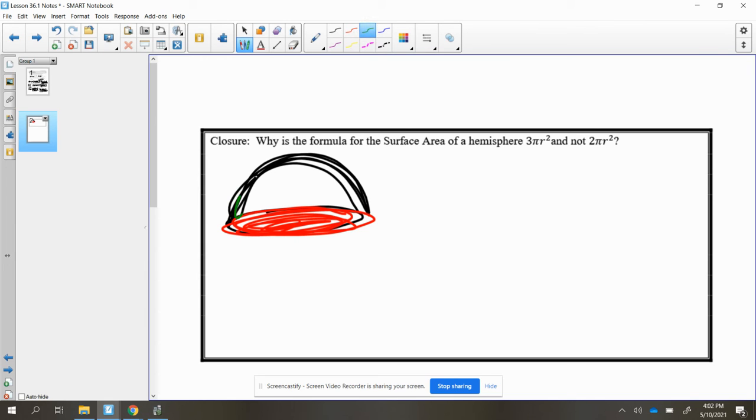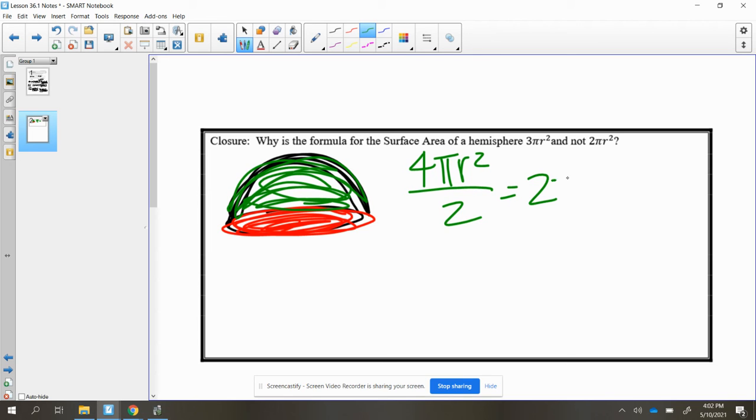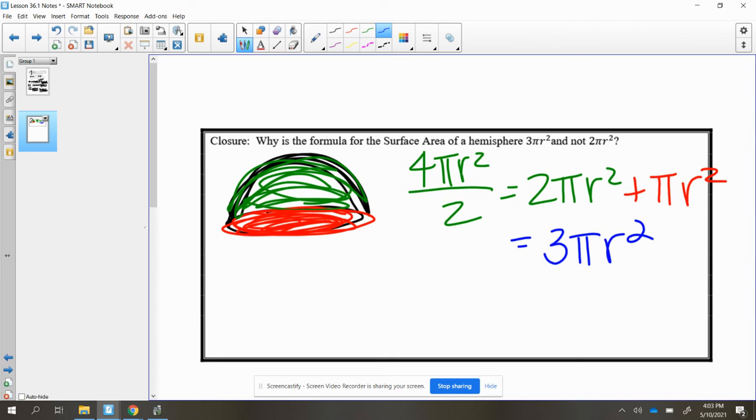So we not only have this curved area that we have to consider, that half of 4 pi r squared, which is 2 pi r squared. We also have to add to it that area of that circular base, which is another circle, pi r squared. So that's where our final 3 pi r squared comes from versus just 2 pi r squared, our lateral area plus the base, right? So that's where the 3 pi r squared comes from.